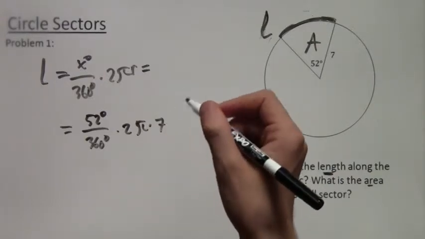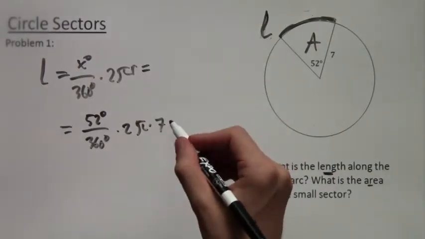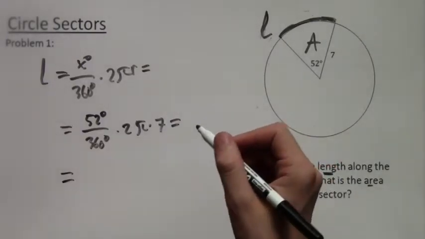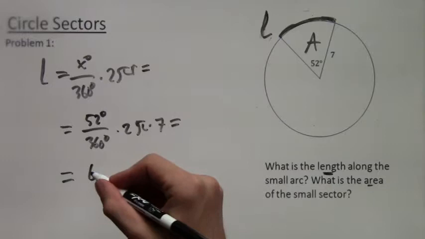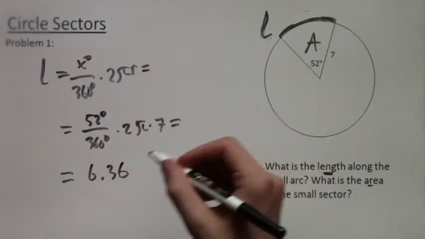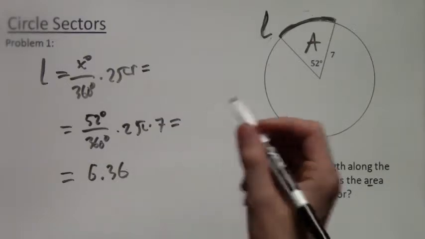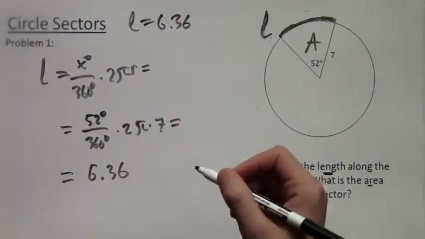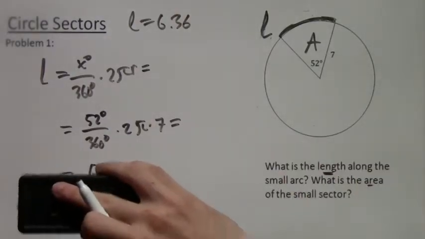And this we just plug into a calculator. And the calculator gives us the answer. The answer is 6.36. So that is the length of the minor arc, or the small arc. So I write it up there and free up this room to calculate the area.